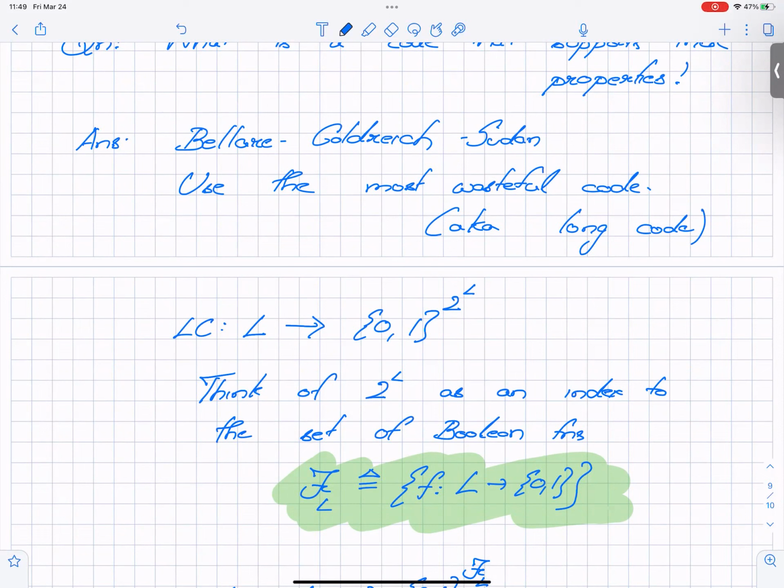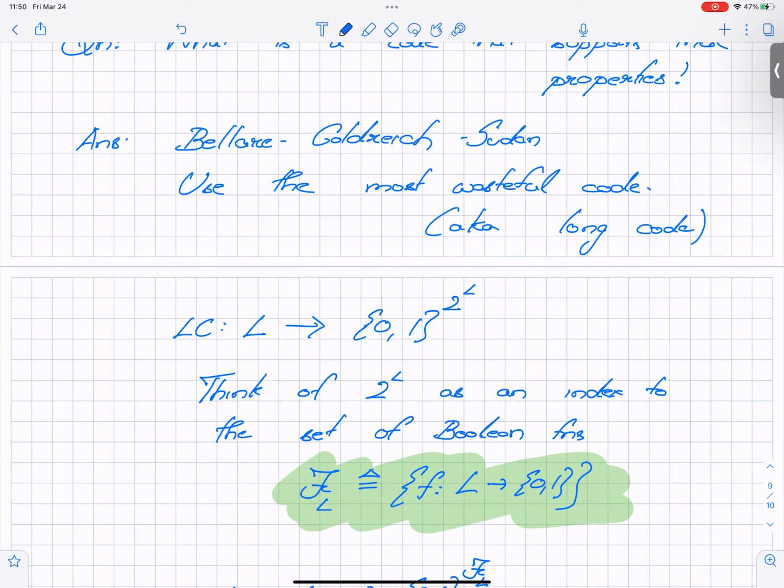If I give you a 2 power L long string, I need to first check it's a valid long code, and then test that it is a valid long code encoding which satisfies the projective constraint. Let's ignore the second one and just do the first.